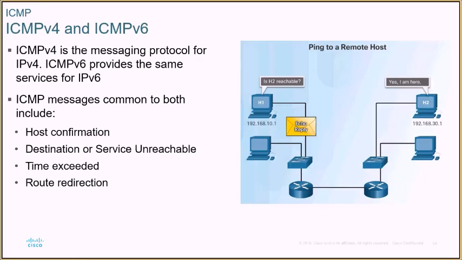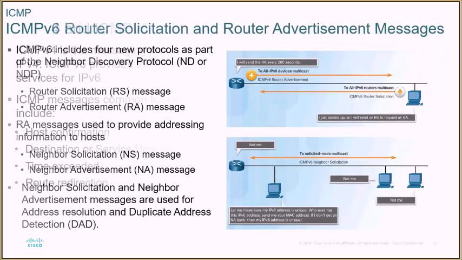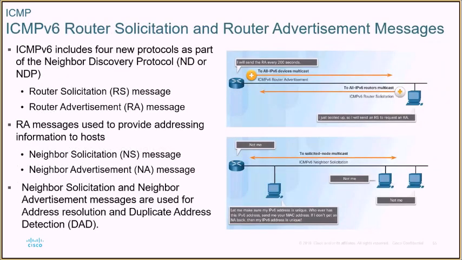Messages common to both: host confirmation, destination or service unreachable, time exceeded, or route redirection messages are the most common ones we'll see there. ICMP is actually where those router solicitation messages and advertisements come from. They're part of ICMP for IPv6.